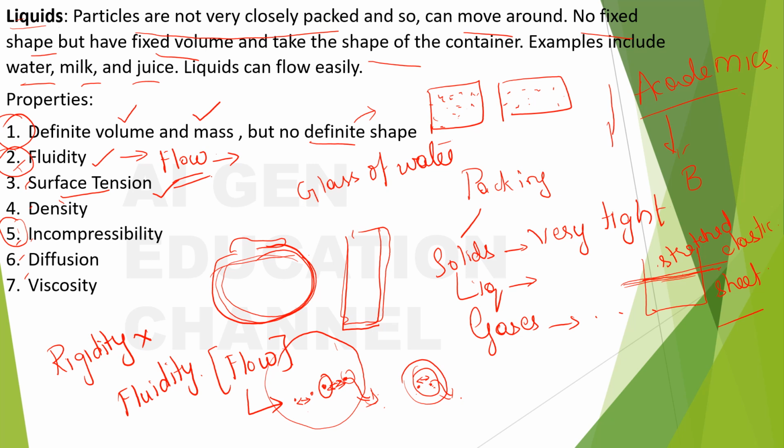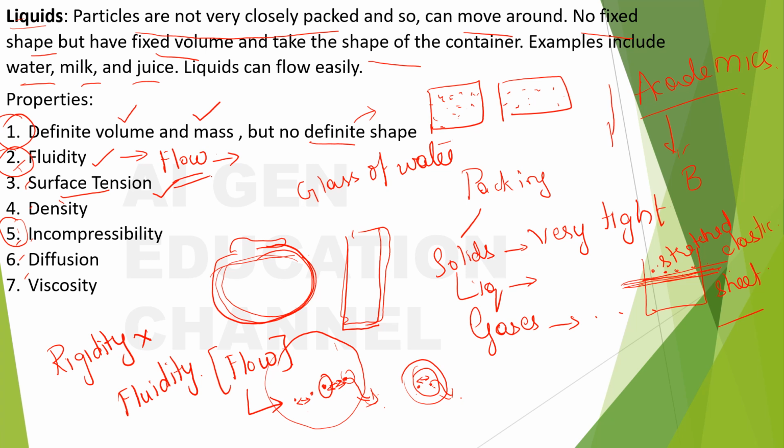So small things can stay on that. In the same manner, the top layer of the liquid behaves like a stretched elastic sheet, and some insects can also crawl on it. Fine, this is about surface tension.